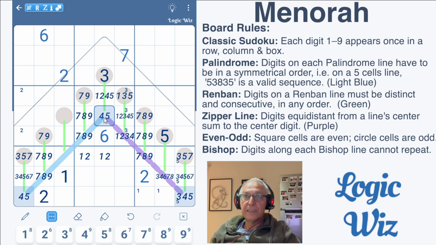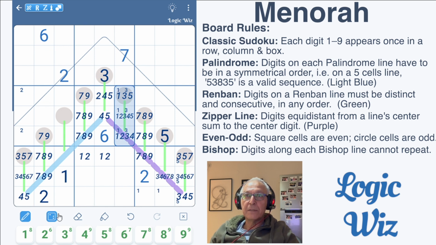It starts here, the minimum digit is 4. We can no longer have a 1 over here. If we cannot have a 1 here, 1 must be here. And if 1 must be here, this Renban line must be 1, 2, 3.